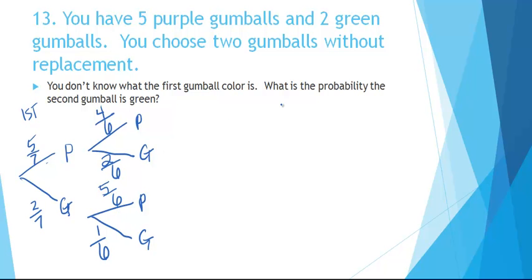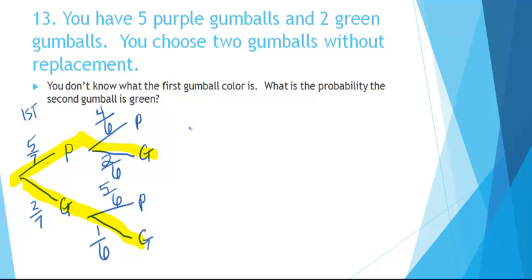The question is asking, what is the probability the second gumball is green? We have 2 branches where that happens, right here and right here. So we look at the probability that either this or this occurred.